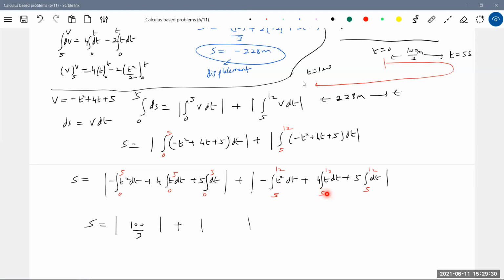I'm asking you to solve this and tell. 261. No, sir, 100 by 3 plus 228 is 261.3. That one only. Yeah, I wrote it. Why calculations, some maths I'm giving you, nobody is doing properly.